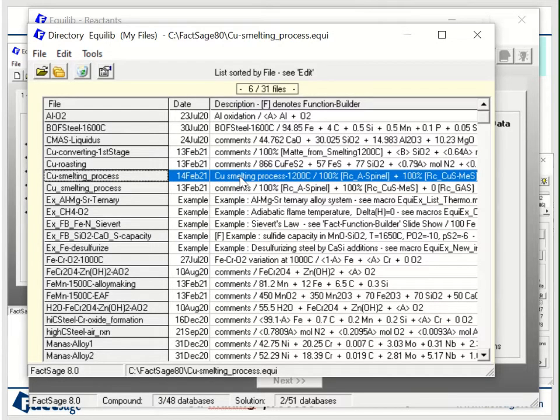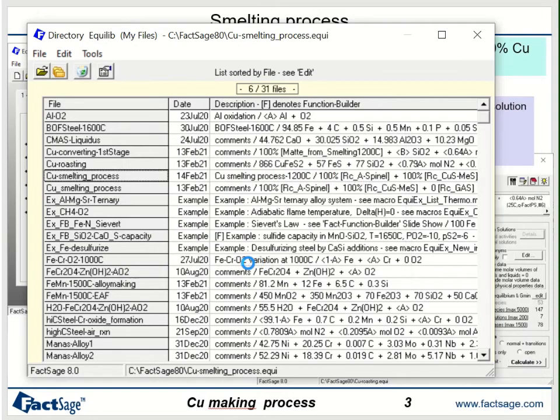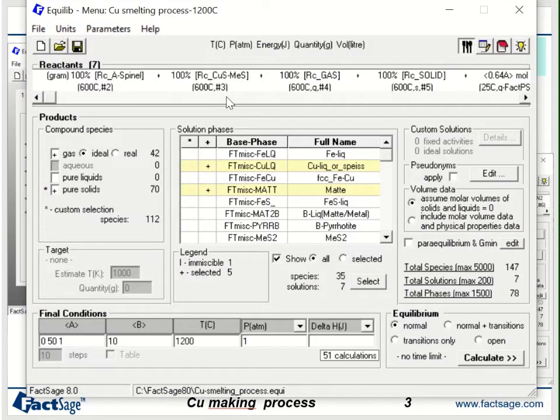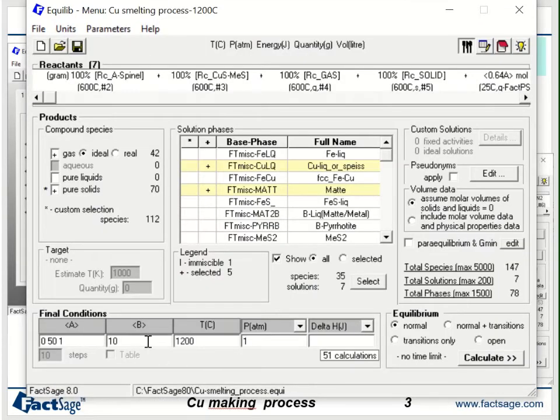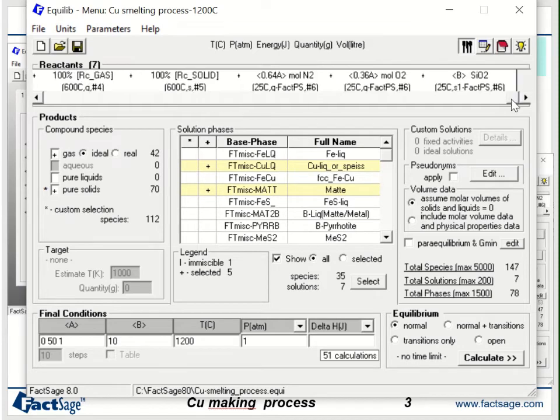This is the one I just saved. Okay, and then open it again. Then it remembers everything as you did last time. Okay, it's cool. So in this way, you can simply change some number here and then do the same calculation again and again. Okay, so you can get a consistent result in this way.